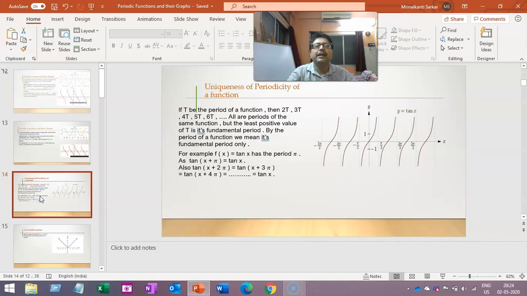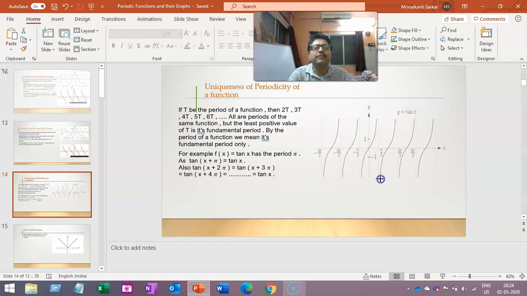Now let us go for another example where I will discuss the periodic function property as well as the nature of how it is repeated, and another thing, that the period will be a unique quantity. You can see that this is the graph of tan x, which I have explained before.